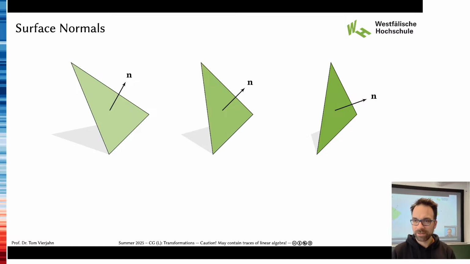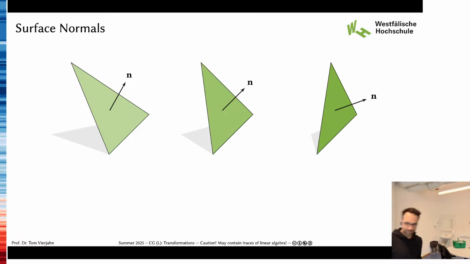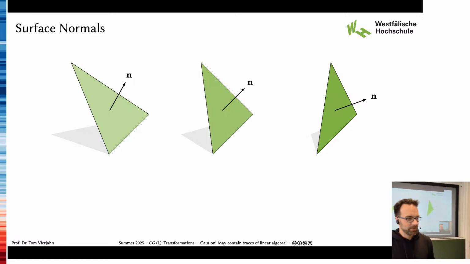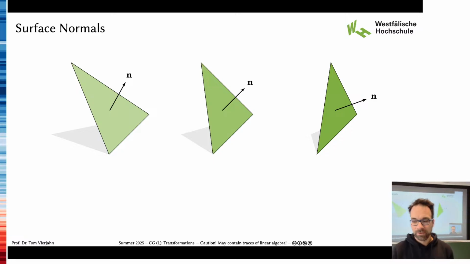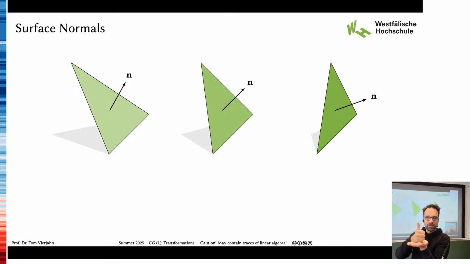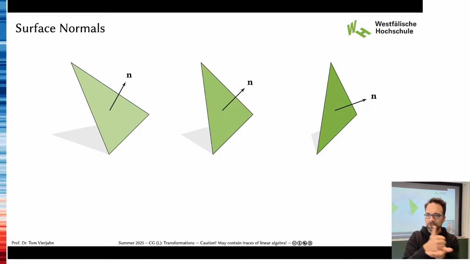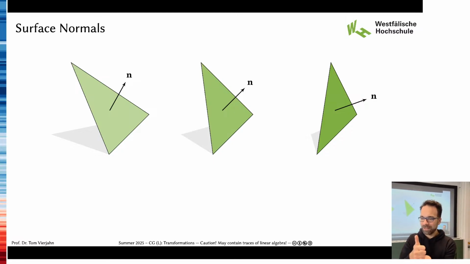What is it? What property does a normal have? The normal sits orthogonally on the surface. On the plane, on the triangle, it's all the same because the triangle lives in the plane or sits exactly in the plane.